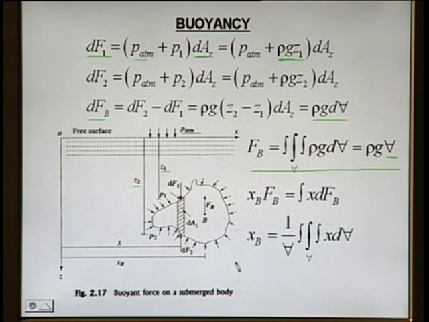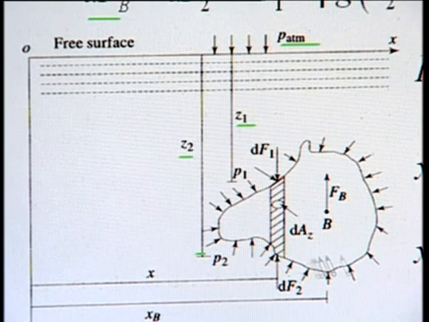For that we have the integral of dFv multiplied by the x distance. This distance is x, right, from the z axis to the location of the prism. So x into dFv is the couple produced by the force acting on this prism about the z axis.